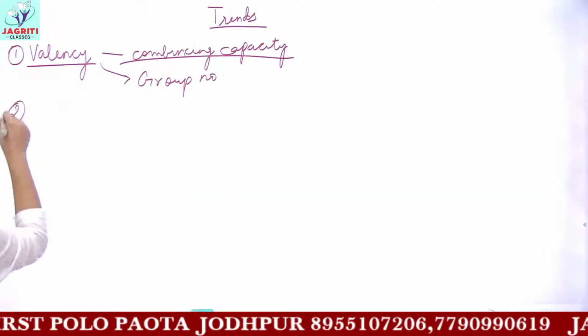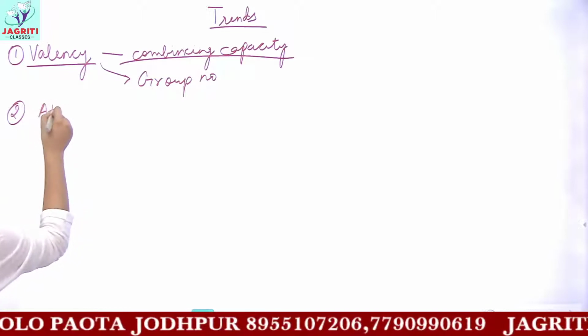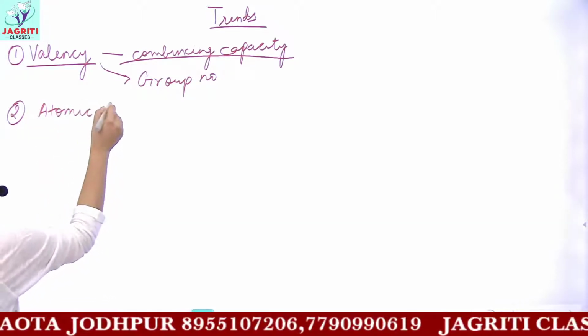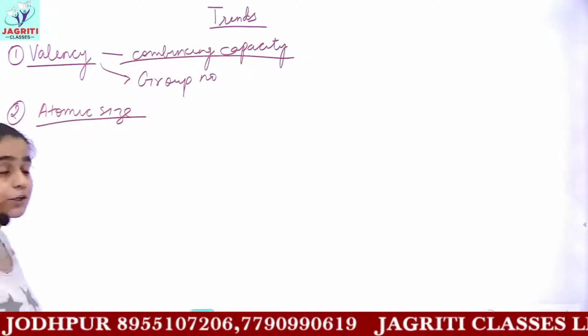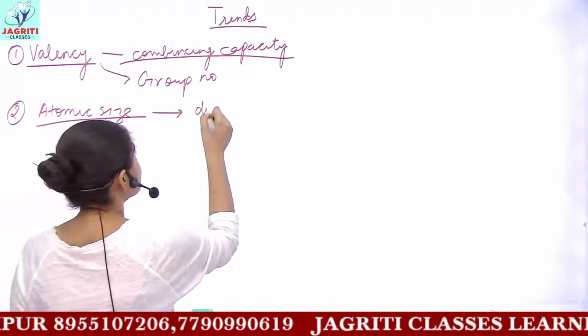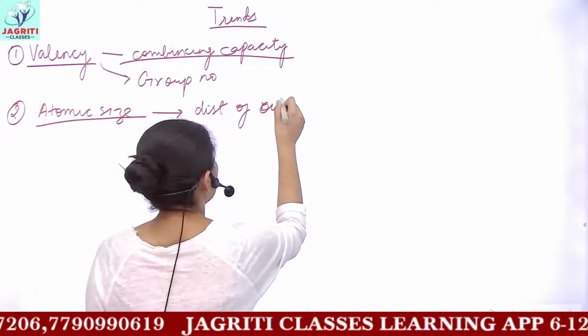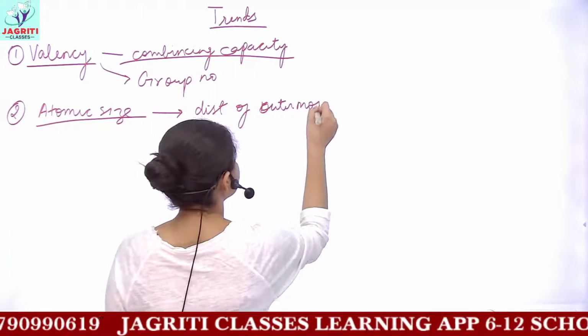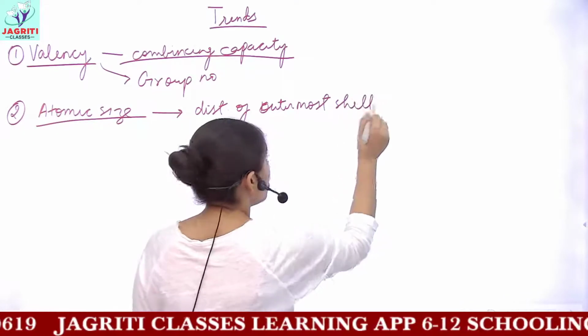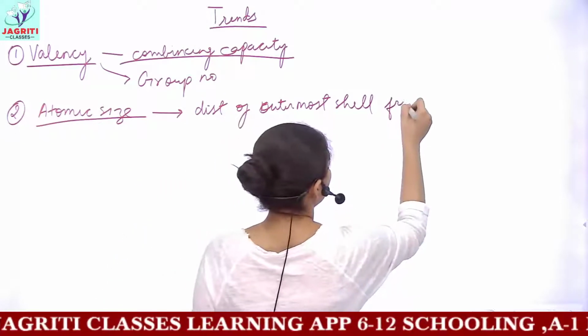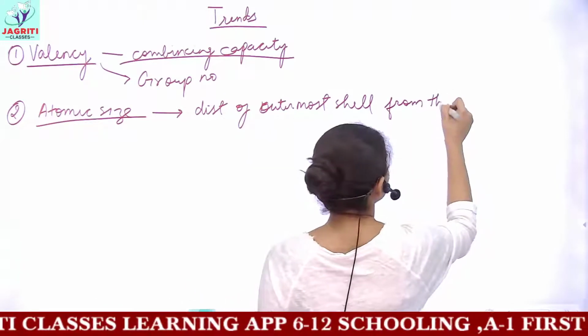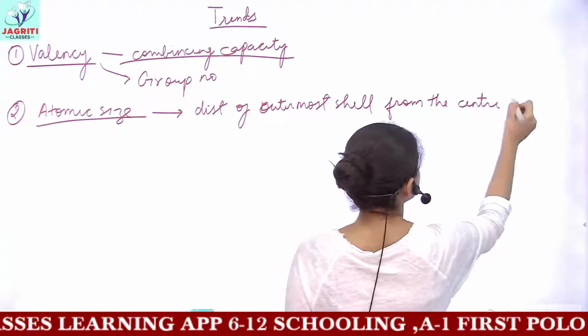Now next comes the atomic size. So we'll see what we mean by atomic size. Atomic size is the distance of the outermost shell of any atom from the center of the nucleus.